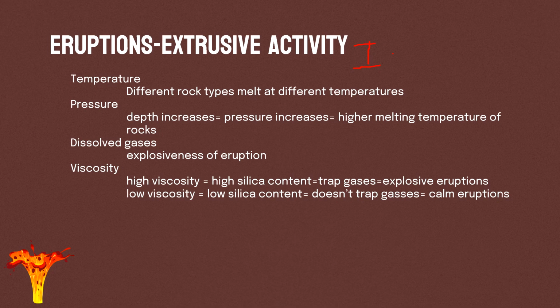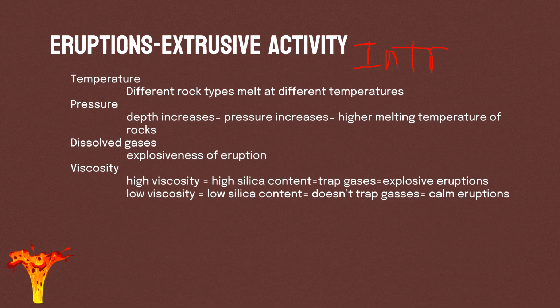So many things can help determine the type of eruption that it will have. One of these is temperature, another is pressure. Dissolved gases is the main one that determines how explosive it is. And then viscosity. So temperature, different types of rocks melt at different temperatures.